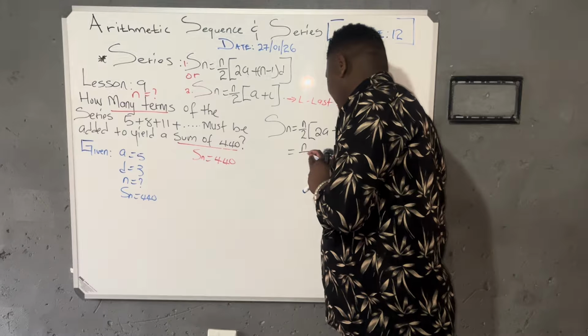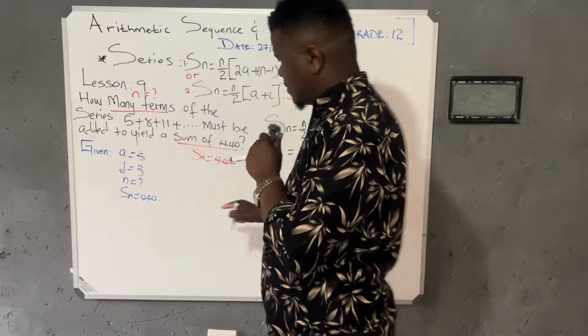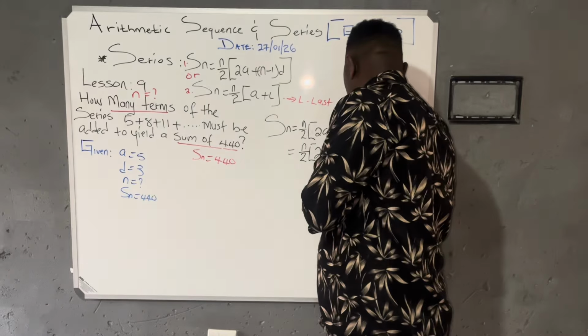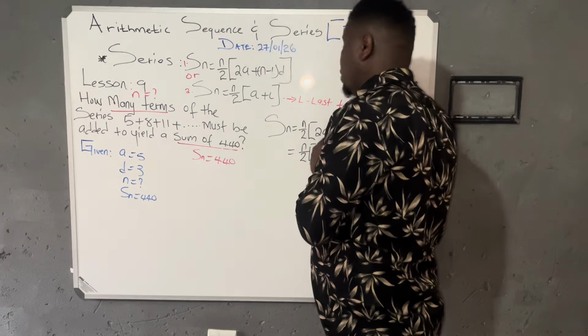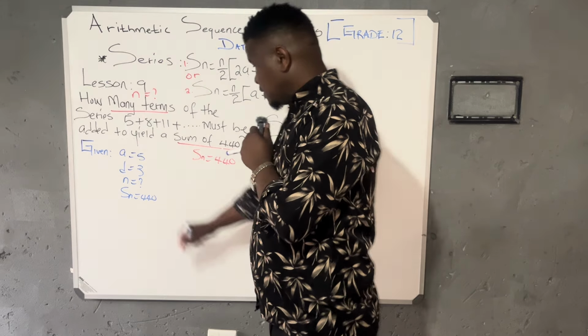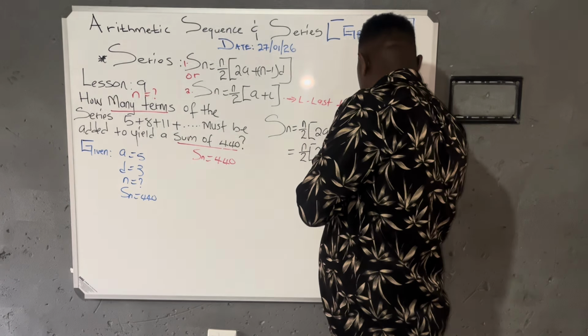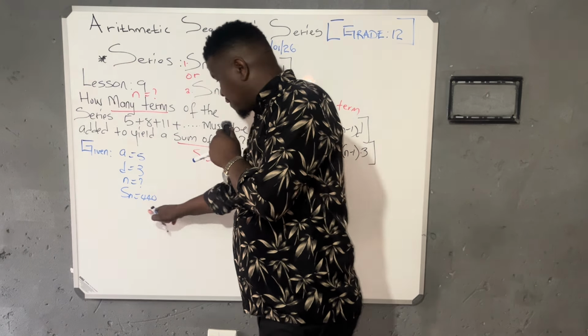No, we don't know n. Do we know a? Yes, A is 5. Do we know d? Yes, D is 3. Do we know Sn? Yes, Sn is 440.